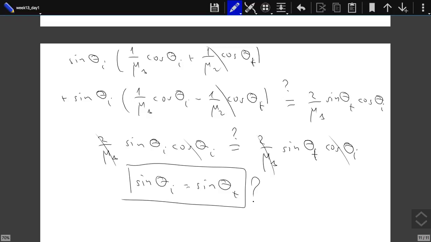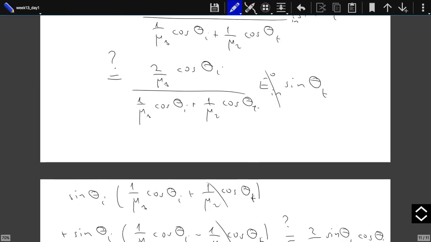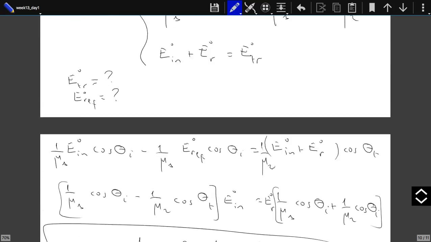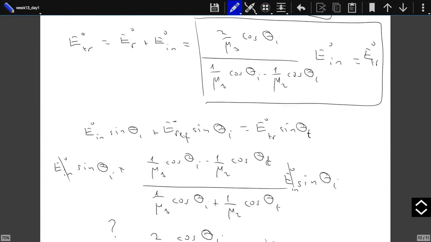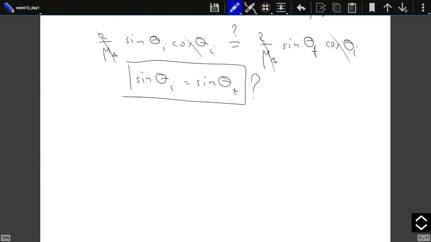So we did something wrong somewhere. So, yeah, if theta I is equal to 90 degrees, it is true. Then theta t is also 90 degrees.